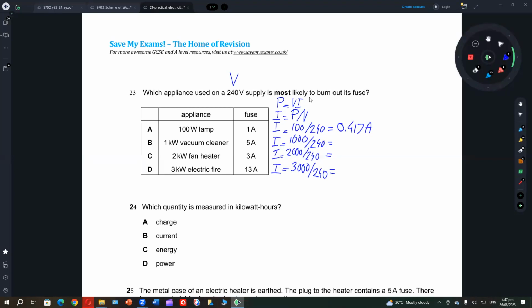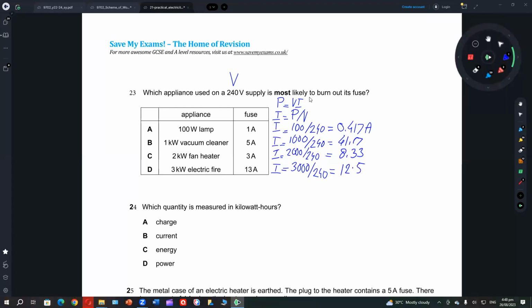I'm getting the answer as 1000 upon 240. Then 2000 upon 240, divide all of them. And 3000 upon 240, 12.5.